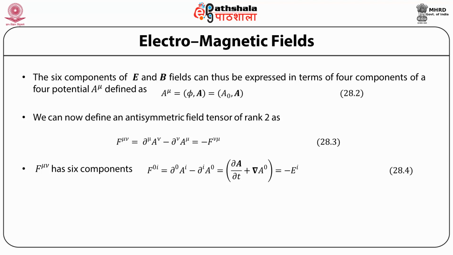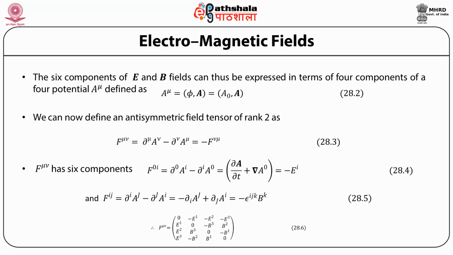F0i is equal to del naught Ai minus del i A naught, which is equal to del A by del t plus del operator on A naught, which is equal to minus Ei. We have Fij is equal to del i Aj minus del j Ai, which is equal to minus epsilon ijk Bk.